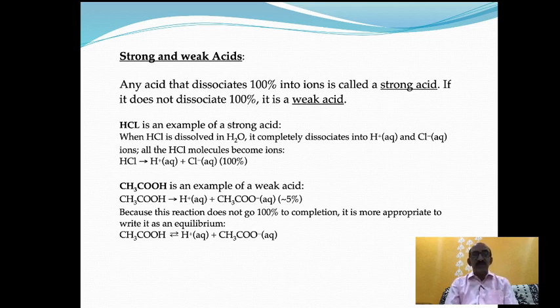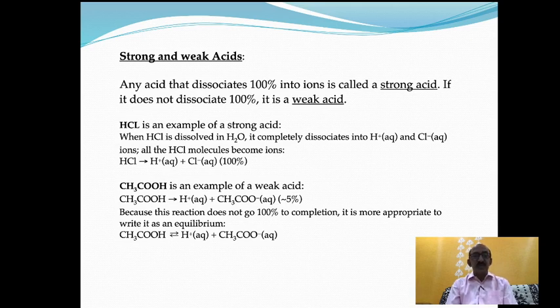Because of this, the reaction does not go 100% to completion. It is more appropriate to write it as an equilibrium. It can be written as CH3COOH giving H plus ion plus CH3COO minus, and H plus and CH3COO minus again combine to give CH3COOH. It is called a reversible reaction.